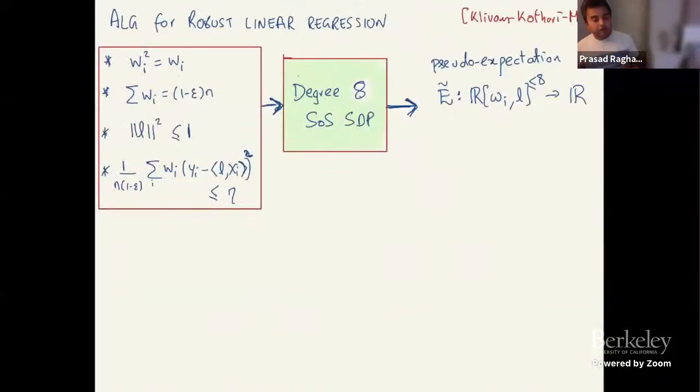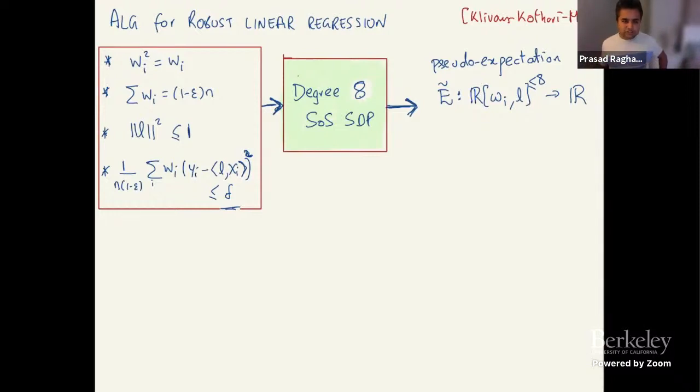So we take this linear system and feed it into our black box. It gives us a set of pseudo moments. Let's say we use a degree 8 sum of squares SDP, and you get a pseudo expectation operator on degree 8 polynomials.